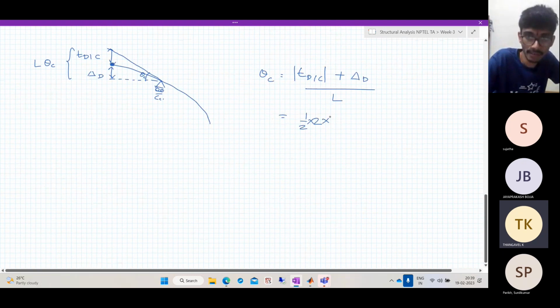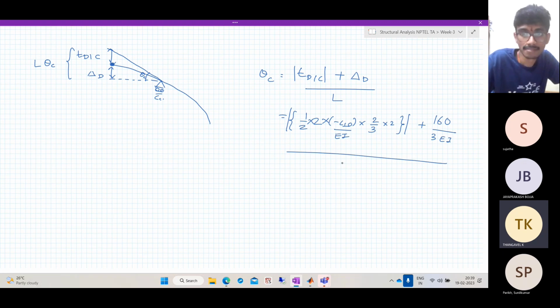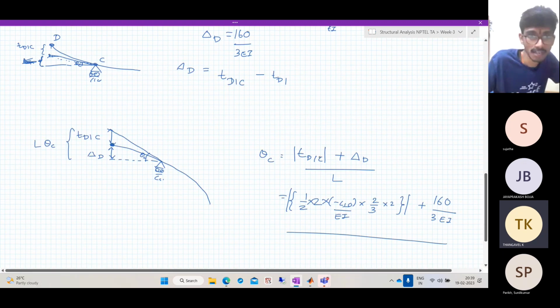Actually minus 40, but we are taking the modulus, into the distance 2 by 3 from D, taking moments about D. Plus delta D, which we got as 160 by 3 EI, by L. L is 2 meters.